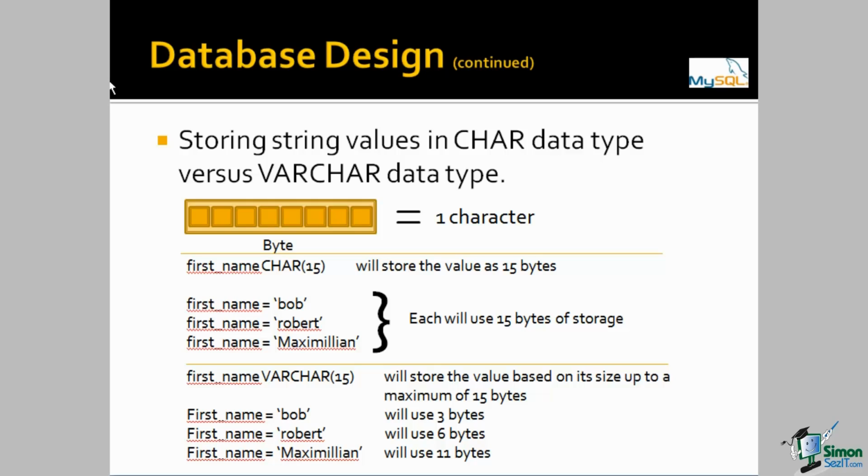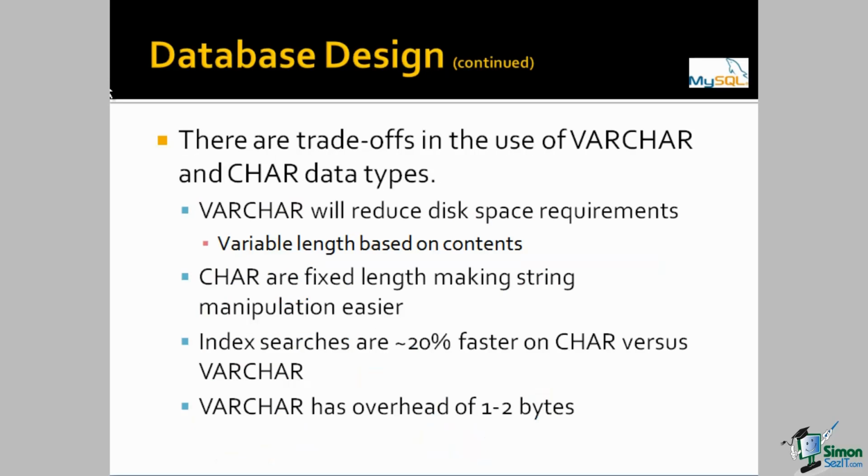Now, there is overhead in the use of the varchar type because the system must keep track of what's being stored within that type. So there is overhead associated with the varchar type, something around 1 to 2 bytes of overhead. Again, there are trade-offs for the use of the varchar versus the char type. We'll reduce disk space utilization because the varchar will adjust itself based on the length of the contents.